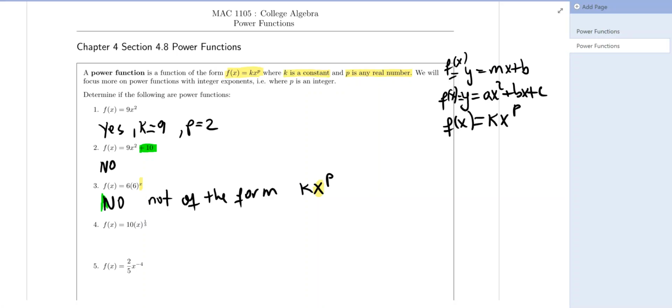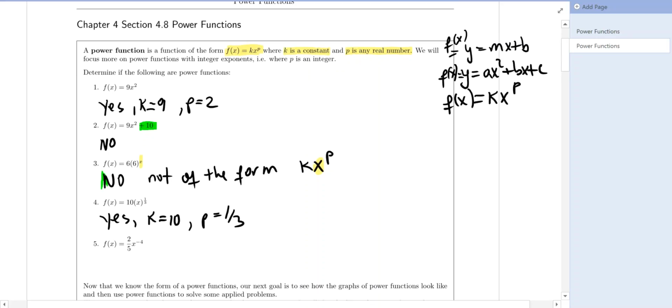All right, the next one, 10 times x to the 1/3. K times x to the p. Yes, it looks like k is 10 and then p is 1/3. Okay, next one, f of x equals 2/5 x to the -4. K times x to the p.